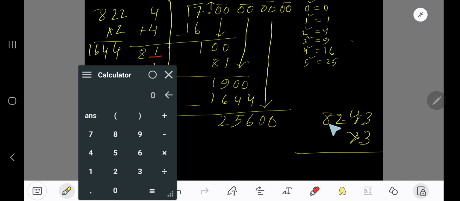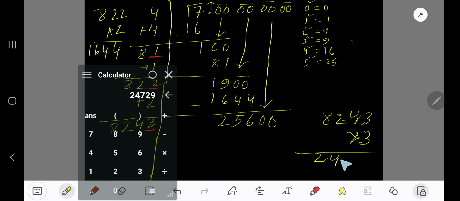What will happen? Look, 8243 times 3 gives us 24,729. This is nearest to this.